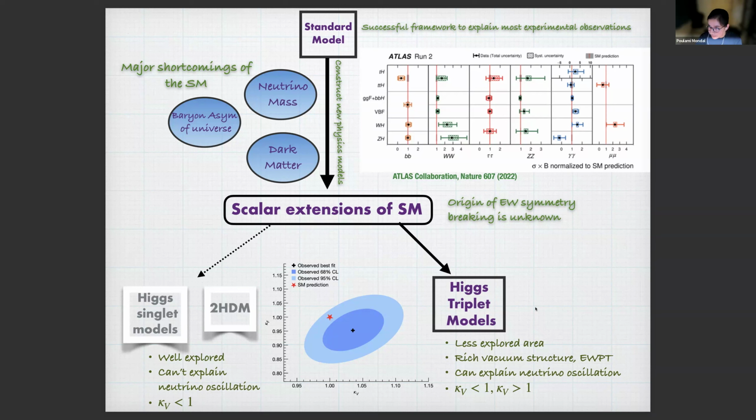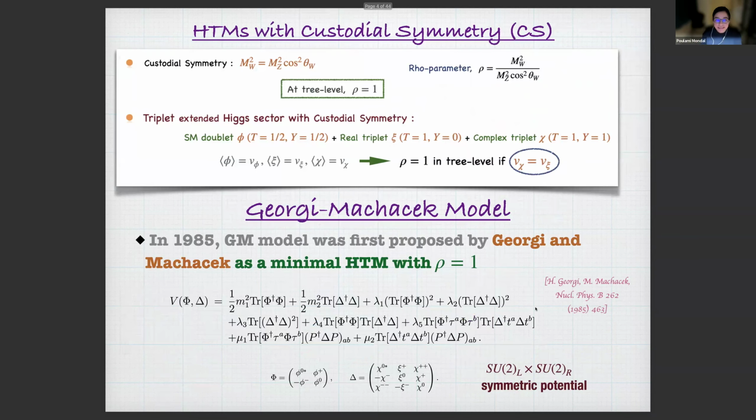So it can have interesting phenomenology for electroweak phase transition scenarios, and also Higgs triplet models can explain neutrino oscillation via the type 2 mechanism. With these motivations, I will move towards the Higgs triplet model, looking more closely at the Higgs triplet models. Now I will start talking about the Higgs triplet model type.